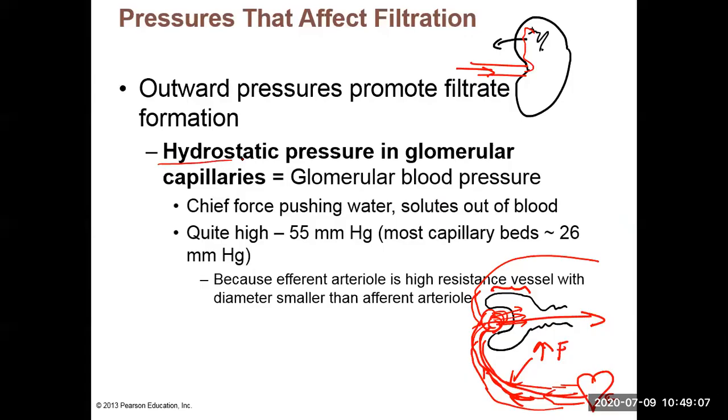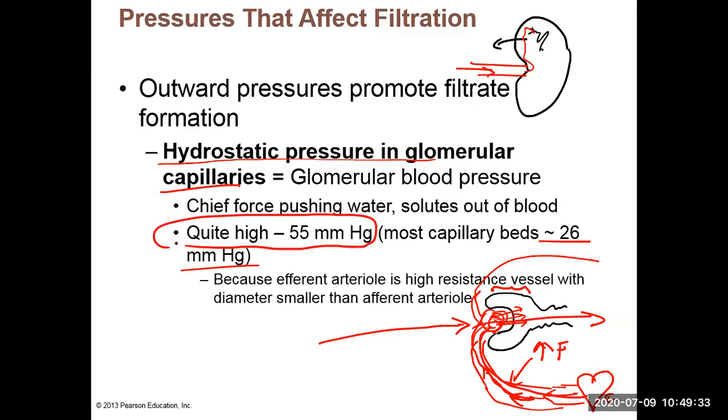This is in the glomerular capillary. Now, normal capillaries are about maybe 20 to a maximum of 40 millimeters Hg. The average is about maybe 26 millimeters Hg. But the force right over here is pretty high. It's 55 millimeters Hg.